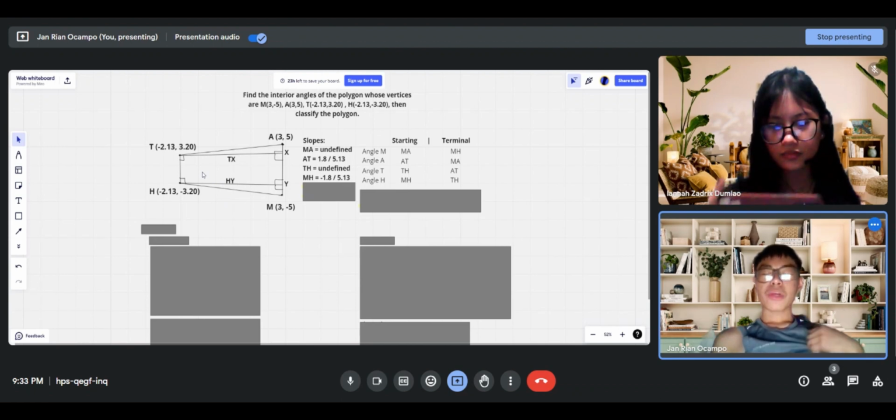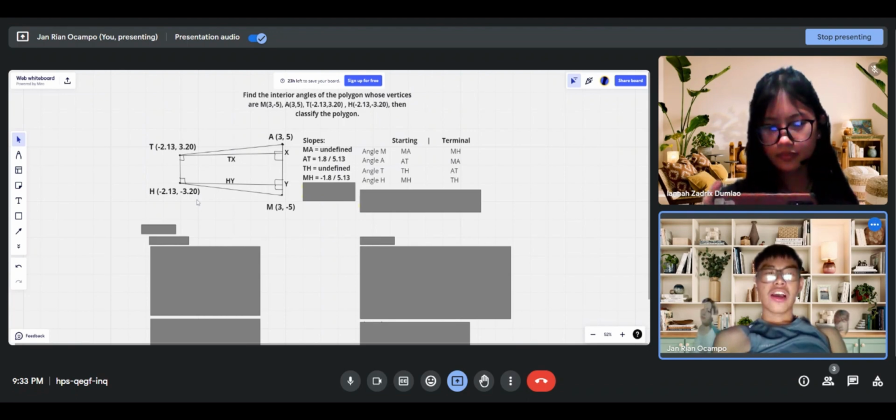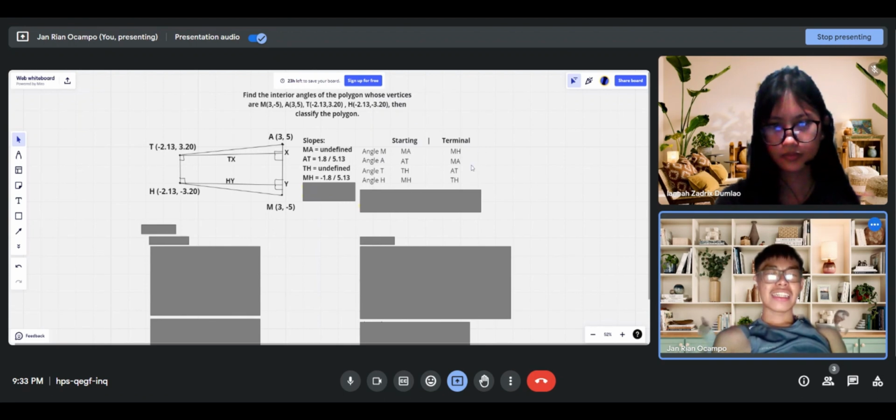And now it is important to use these TX and HY, as undefined cannot be used in the formula of finding an angle between two lines. To recall, an angle between two lines uses the formula of m2, or slope of the terminal side, minus m1, or the slope of the initial side, all over 1 plus m1 times m2.